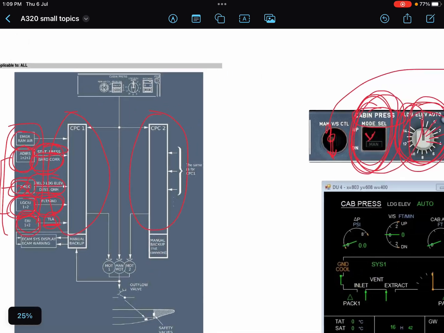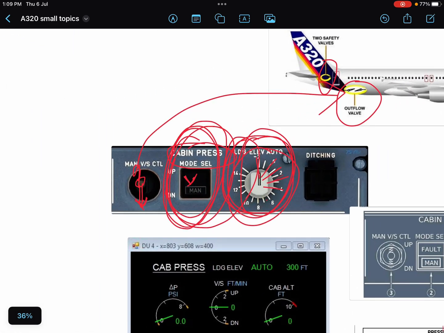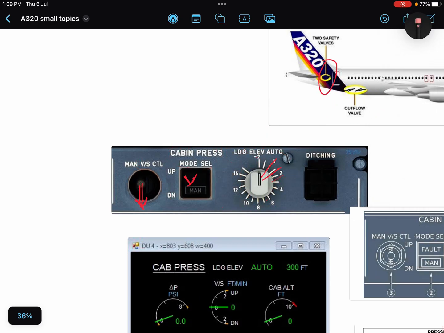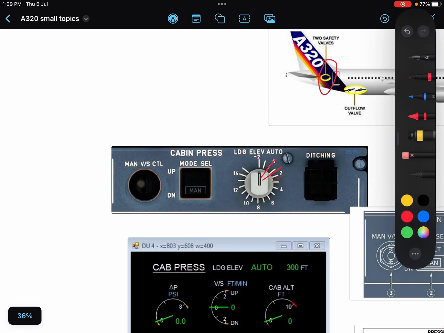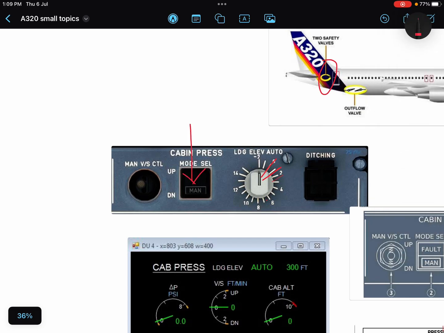How? By pressing this push button. If the flight crew wants to change system 1 to system 2 or system 2 to system 1, then press this mode sel push button, wait for 10 seconds and return it to auto. This will change one controller to another controller, right? This is how system transfer takes place.